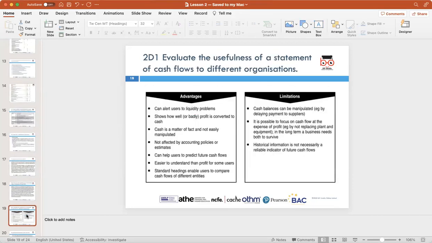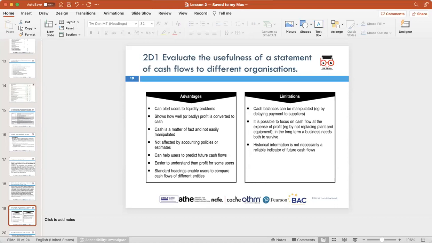Okay. So next one is evaluate the usefulness of a statement of cash flows to different organizations. There are some obvious advantages and there are some limitations. Advantages: it can alert users to liquidity problems and shows how well or badly profit is converted to cash.